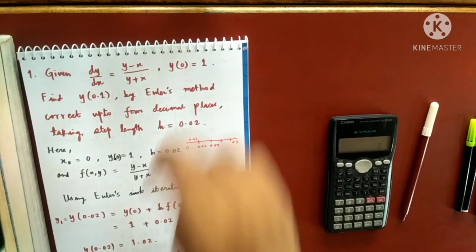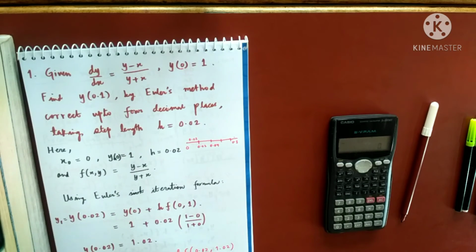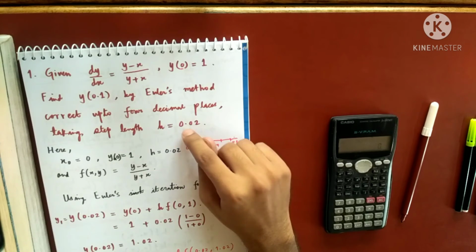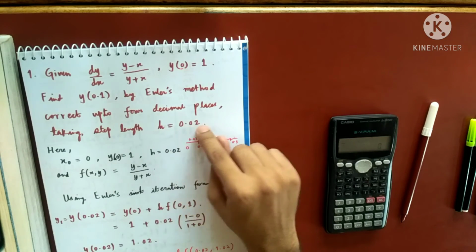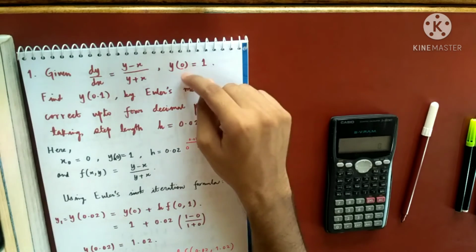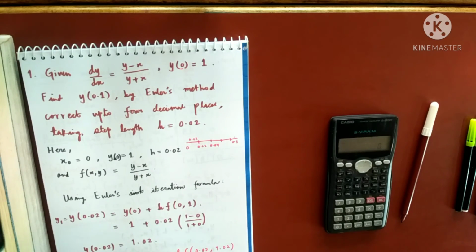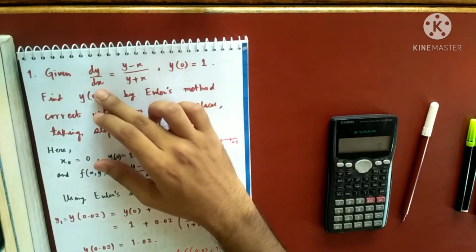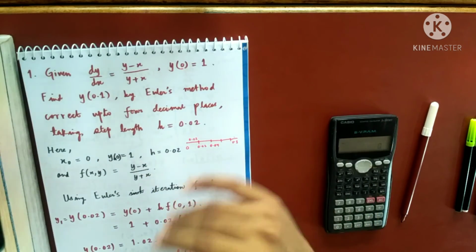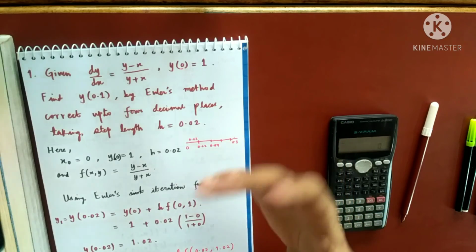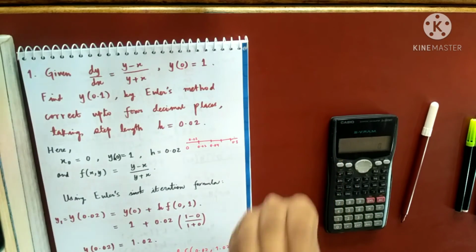If you use more iterations, you will get a very precise answer. So suppose h was not given, what will you do? You could have taken h to be 0.01 or 0.02. If you had taken 0.01, you have to go for 10 iterations. But if you choose h to be 0.02, you have to go for only 5 iterations. But remember, more iterations will lead to a more correct answer.